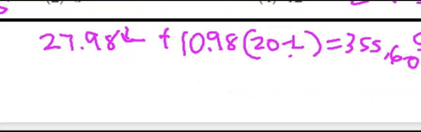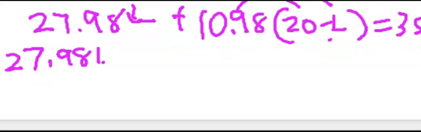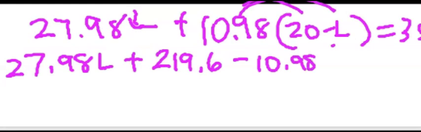Okay, I know it's pretty small, but let's focus here on distributing. So 27.98 for the large, plus, used a calculator here, all right, now I'm going to combine like terms.